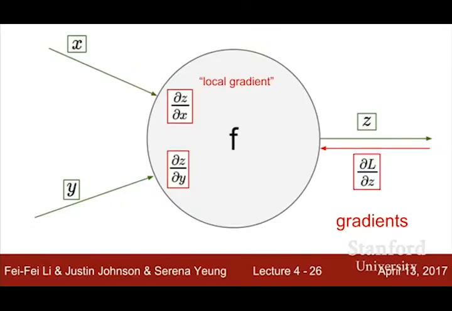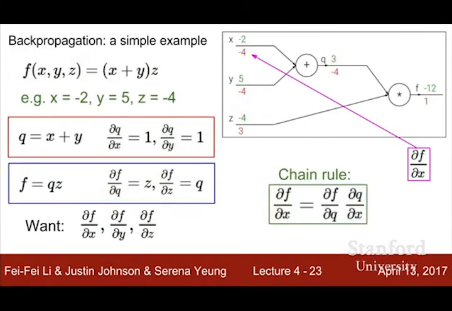Yeah, so basically, if we go back here, we could exactly find all of these using just calculus. So we could say, we want df over dx, and we can probably expand out this expression and see that it's just going to be z. But we can do this in this case because it's simple. But we'll see examples later on where this becomes a really complicated expression, and you don't want to have to use calculus to derive the gradient for a super complicated expression.